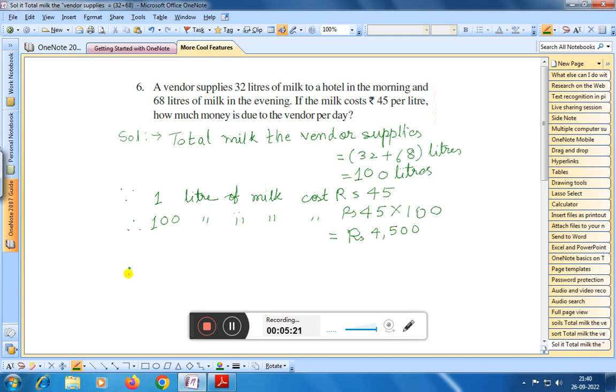Therefore, rupees 4,500 is due to the vendor per day.